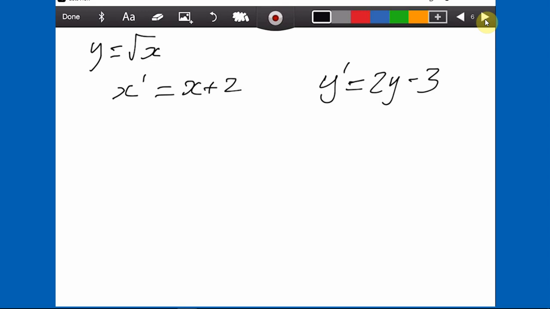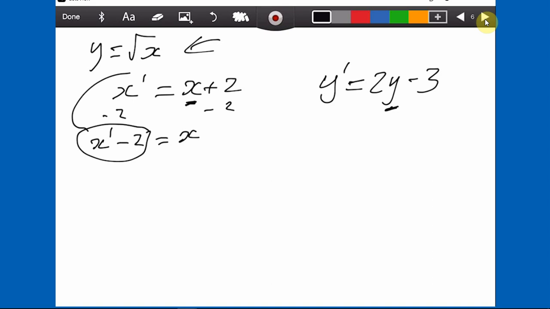Up here, don't forget, this is the original x and y, so we need to replace the original x and y by an expression that includes them. Over here we need to take 2 from both sides, so x dashed take 2 is equal to x. We'll put that in there when we get to it.